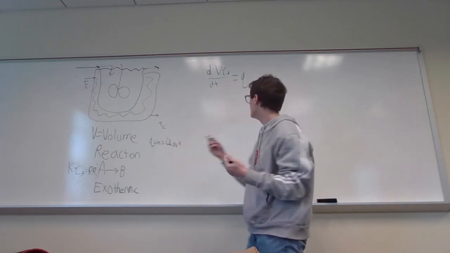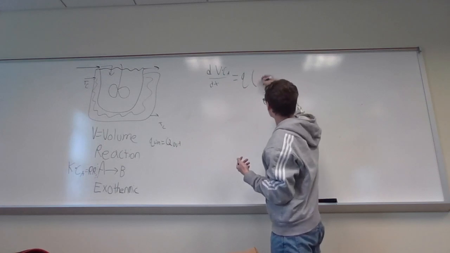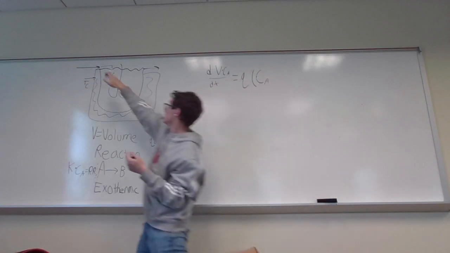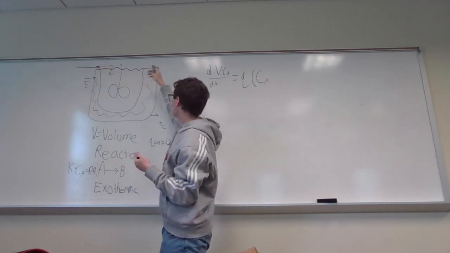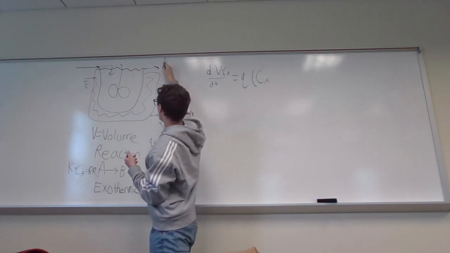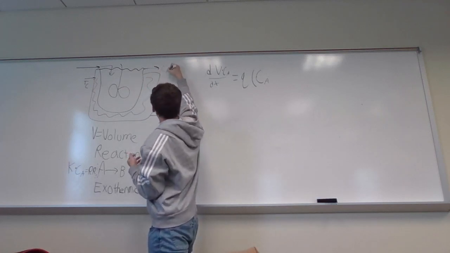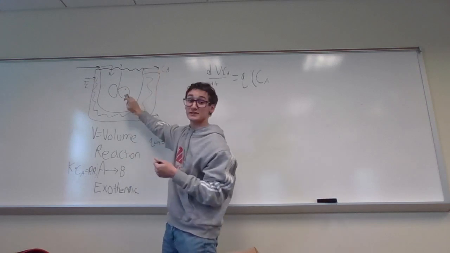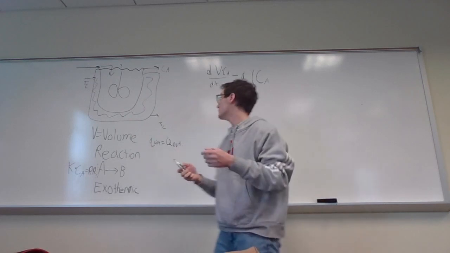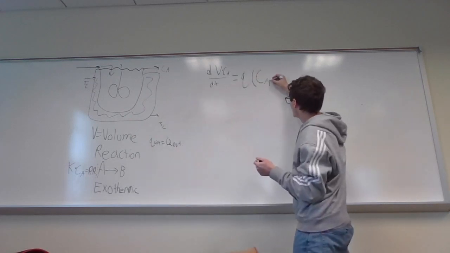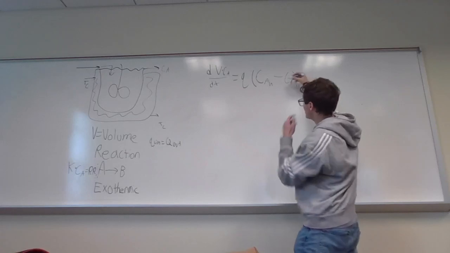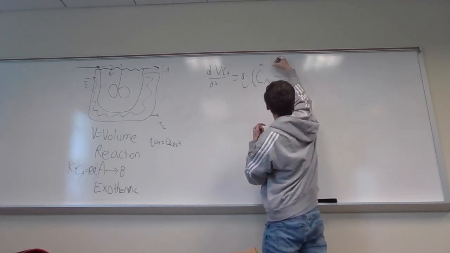Q times Ca in, minus Ca at the out. We're doing this because this is a continuously stirred reactor. Once the material gets into this reactor, it's uniformly stirred. So we can call this Ca in as the material coming in minus Ca out. So we have in minus out.